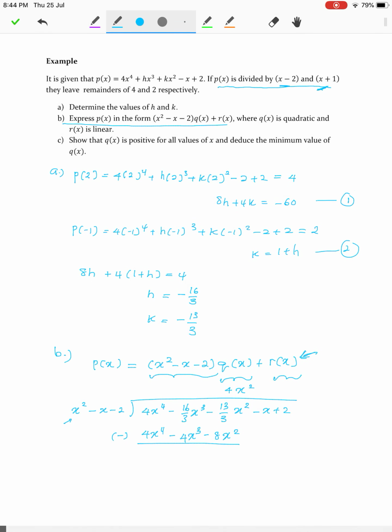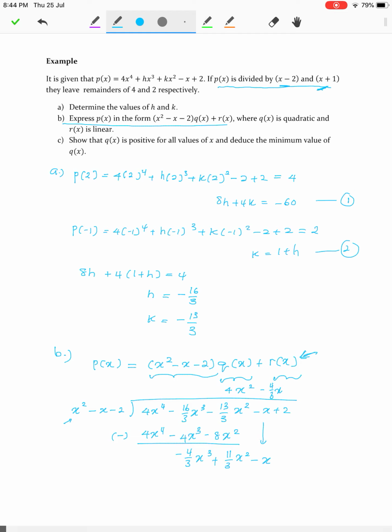Okay, so if you subtract that, you will have negative 4 over 3 x cubed plus 11 over 3 x squared minus x. Because this x is coming down here, you need to multiply by negative 4 over 3x, which is the similar coefficient to this part, so that it can be reduced to 0.